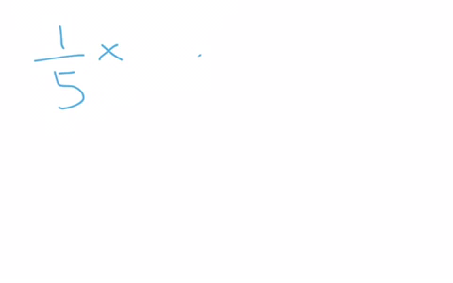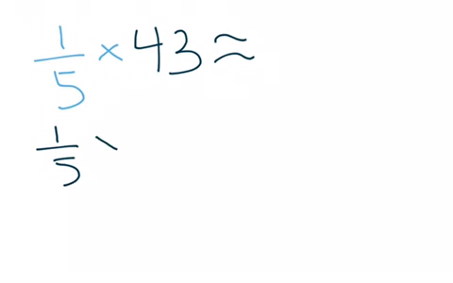Let's do 1/5 of 43. Again, we're estimating here. So does 5 go into 43, or does it go into 40, 45? Ooh, I think it goes into 45, that's for sure. So let's do 1/5 times 45, and we're going to use a bar diagram.